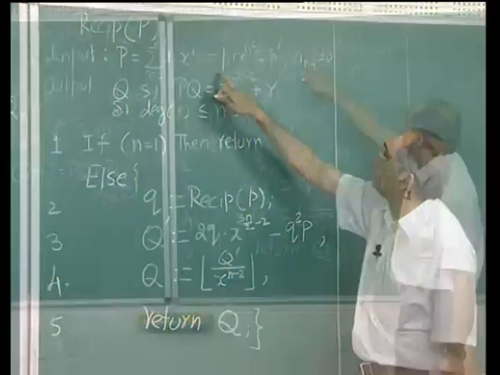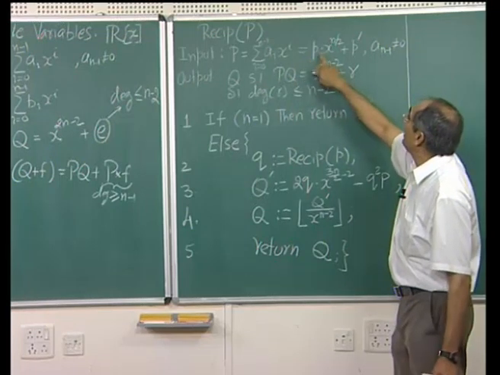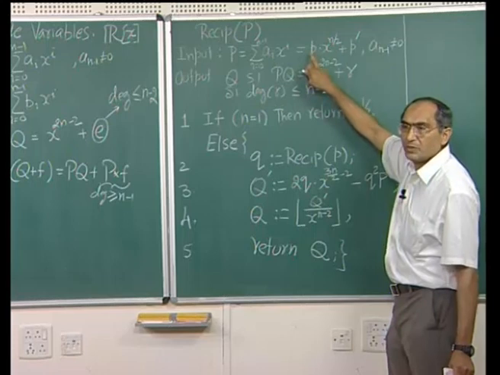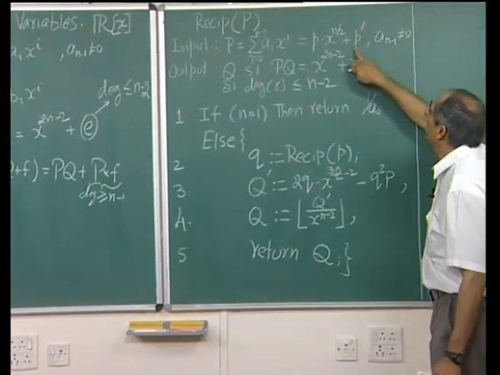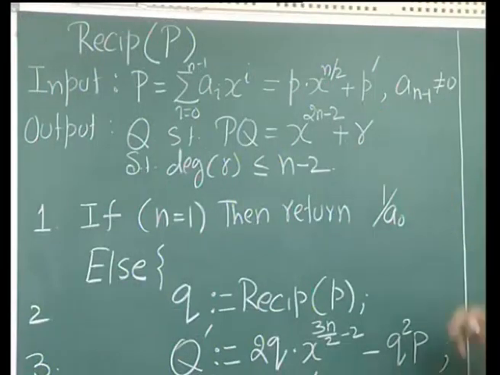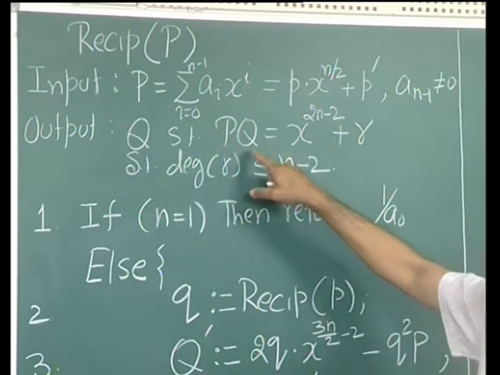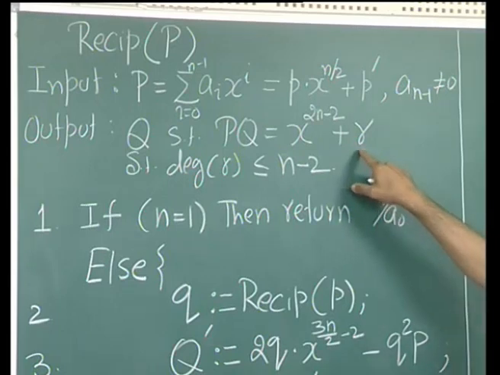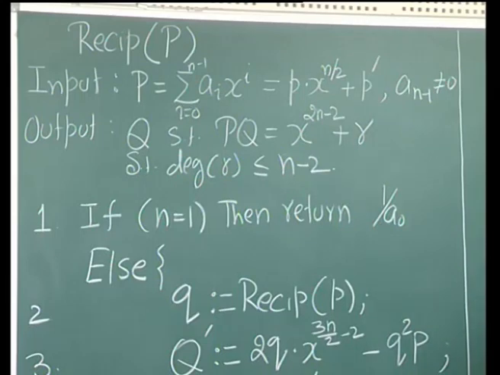We split it into two subpolynomials and express p as p1 times x power n by 2 plus p2. So, this contains all the terms of degree n by 2 or more, and this has degree less than n by 2, which is n by 2 minus 1 or less. And the objective is, of course, to compute a Q such that PQ is x to the power 2n minus 2 plus some remaining term, of degree less than or equal to n minus 2.